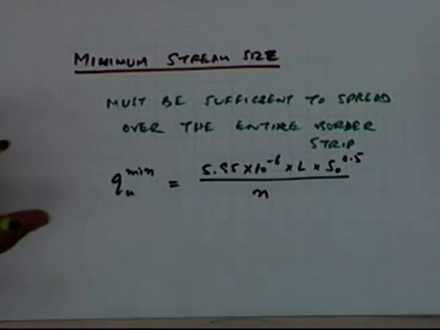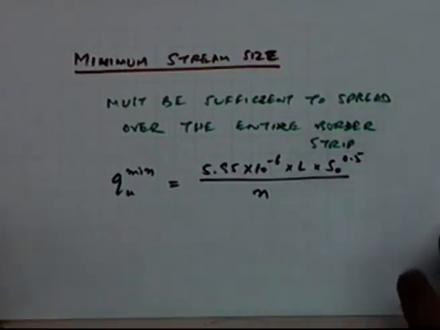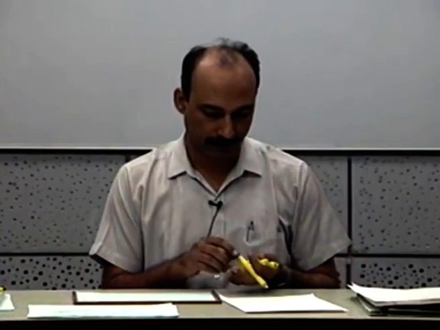So you can check whether your minimum stream size is below this. If it is below this, then you will have to revise that minimum stream size, because that will give you a very low efficiency which won't be acceptable. So this is another check which you must apply on your design parameters, on the stream size which you have computed from the previous expression.